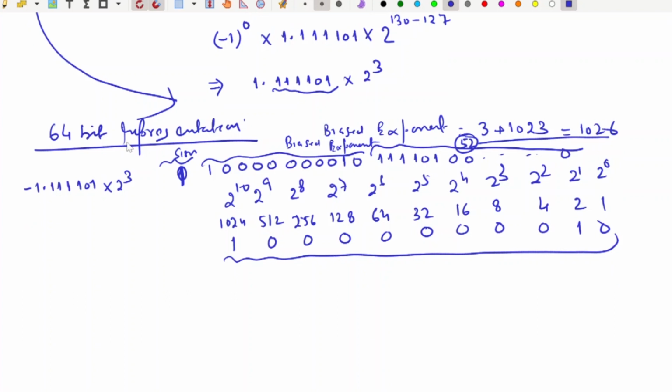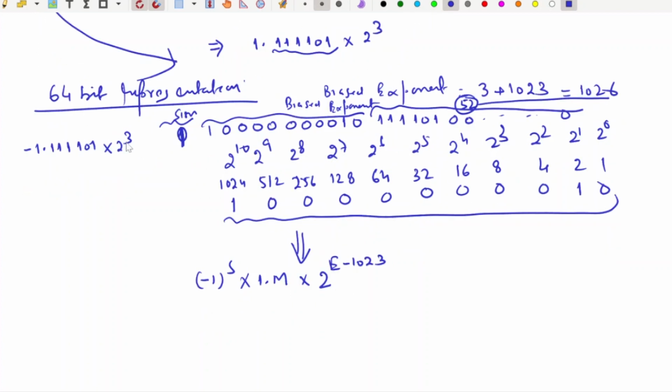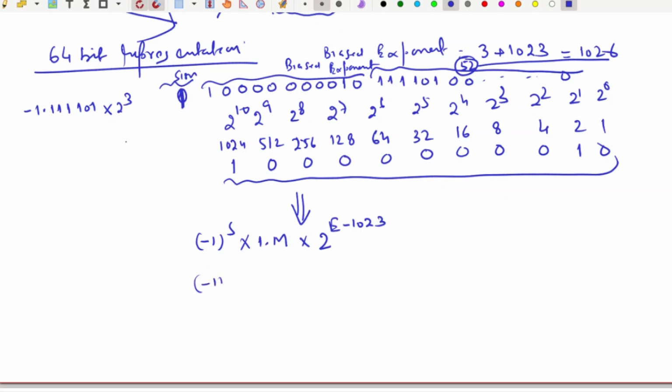The question is how we obtain the equivalent number as a result. The formula is minus 1 to the power s multiplied by 1.m multiplied by 2 to the power e, where e is the biased exponent minus 1023. So this number is minus 1 to the power 1 multiplied by 1 point mantissa. Only the first 6 bits are non-zero, the rest are 0, which doesn't change the mantissa.